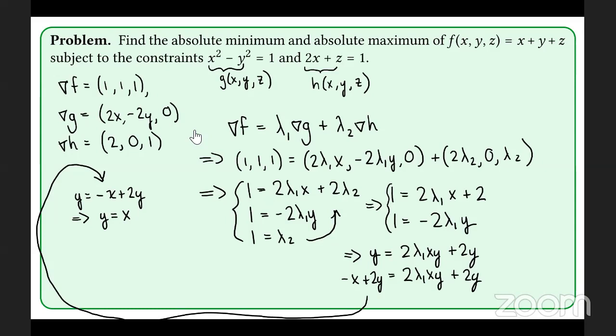Where y equals x, and that's a plane in R3, intersects these constraints, that is where potential extrema will occur on this boundary. So y equals x, and now we require that x squared minus y squared equals 1. Okay, well, that's not possible.